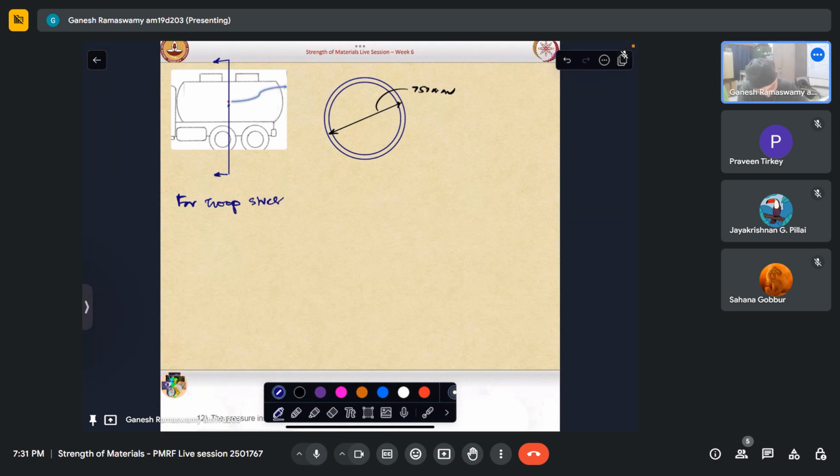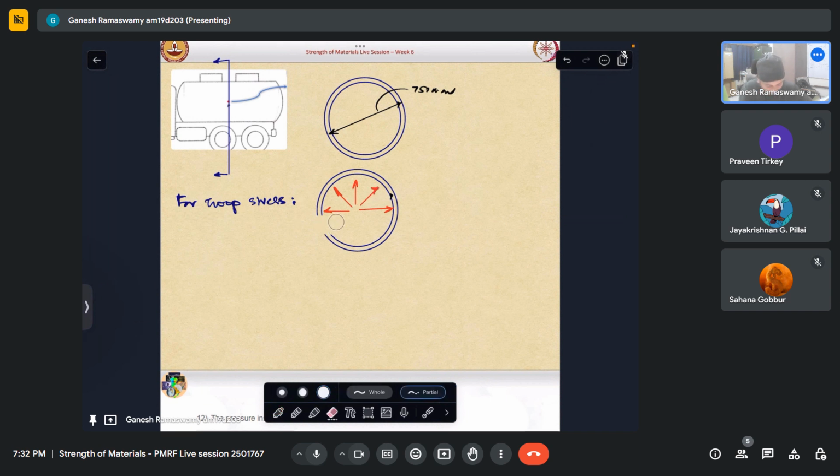I'll take the same thing. Let me remove this. So this is subjected to internal pressure all over. If I were to cut it in half, this will expose my Hoop stress.